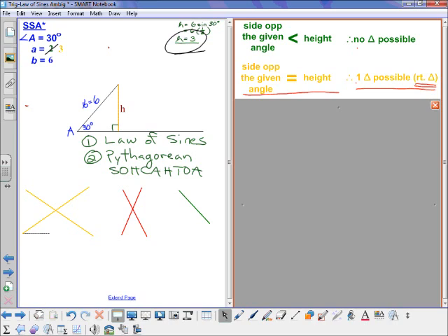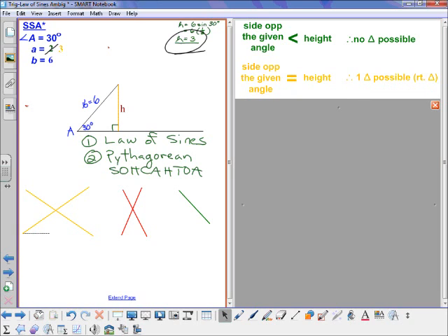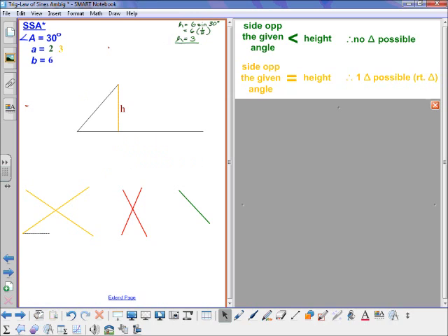Okay, now this one takes some explanation. So let me clear out the page again. Oops, cleared out the wrong page. Okay, again, we're still given A is 30, so that's still in this corner. B is 6. Let me move the yellow height out of the way.